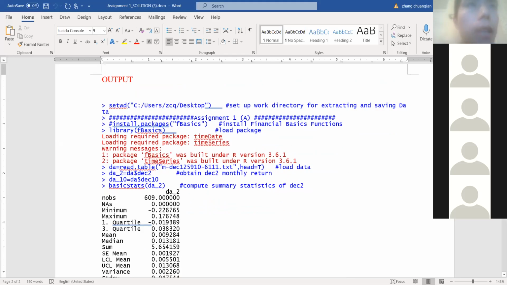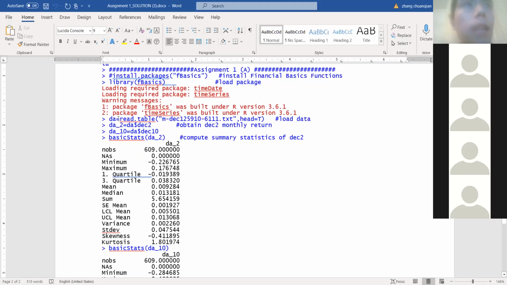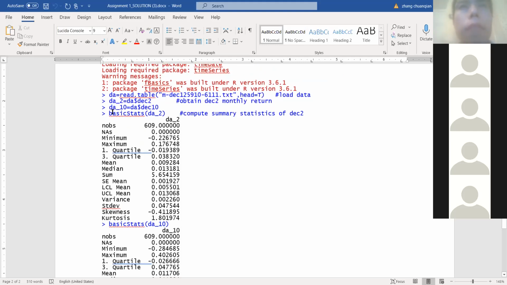You call it, and the next line reads in the data, and you only look at the columns L2 and L10, rename them, and perform the basic statistical summaries. That's the idea, right? Right, Austin?